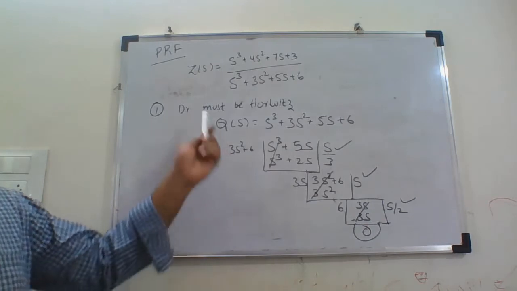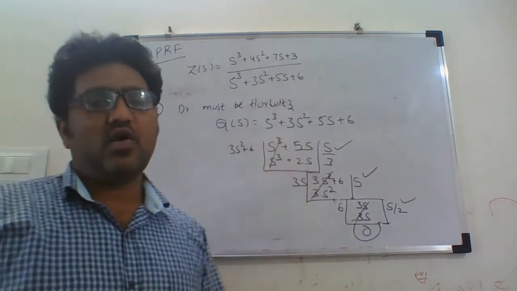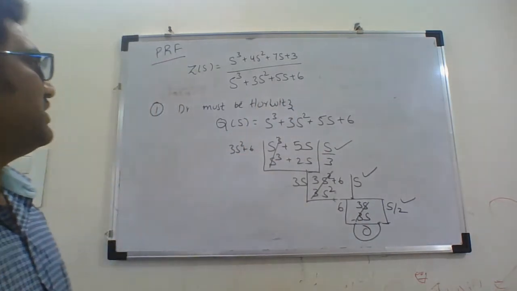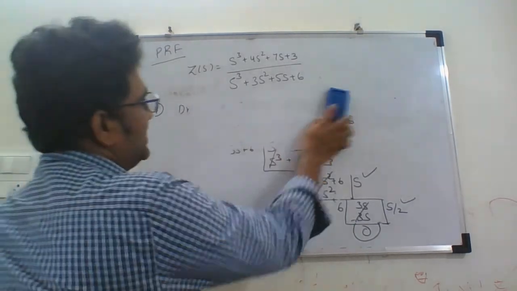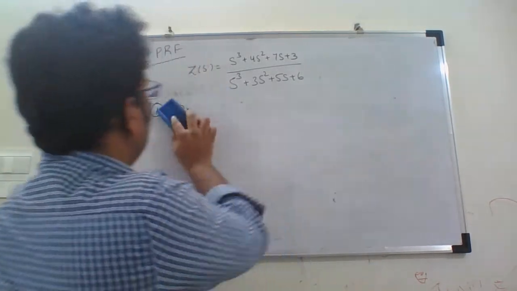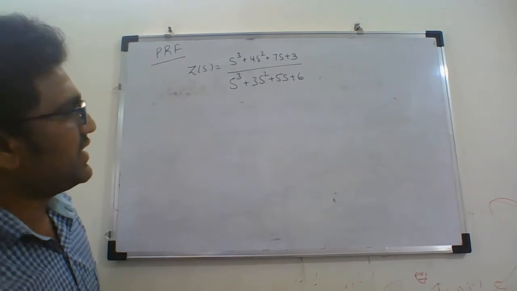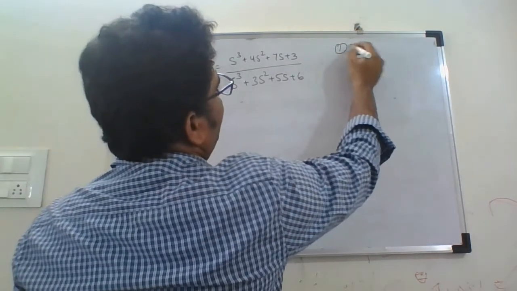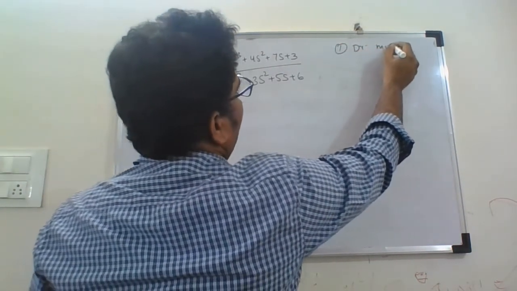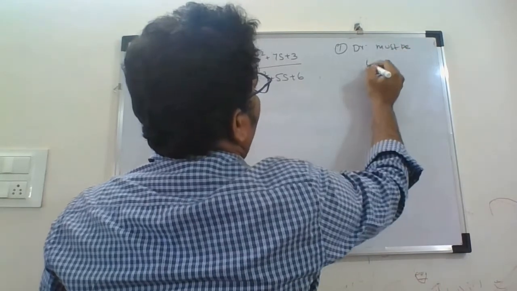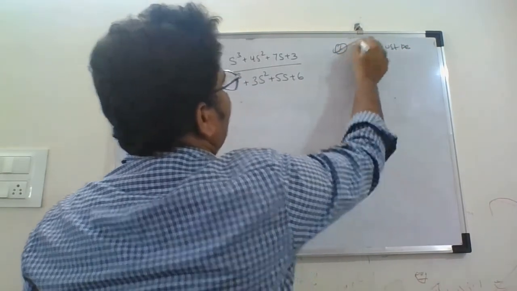So we can say that this polynomial is a Hurwitz polynomial. The first condition, that the denominator must be a Hurwitz polynomial, is satisfied.